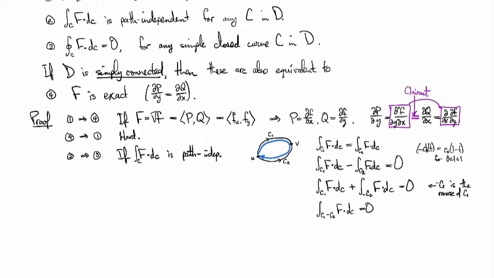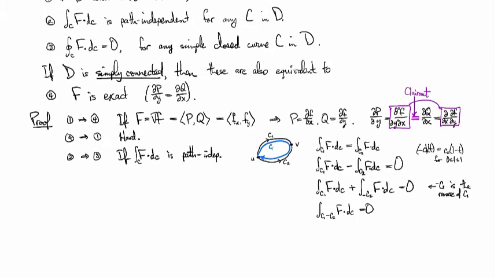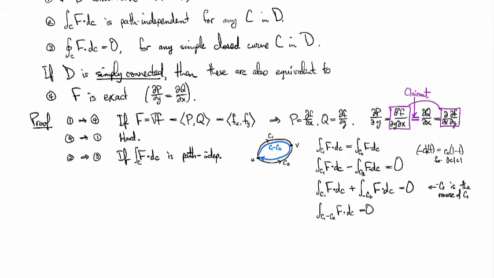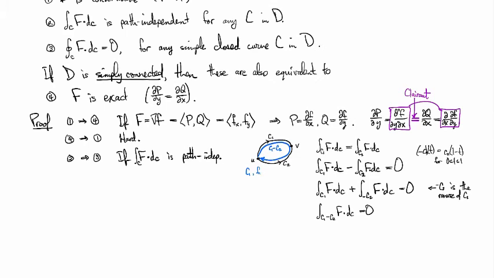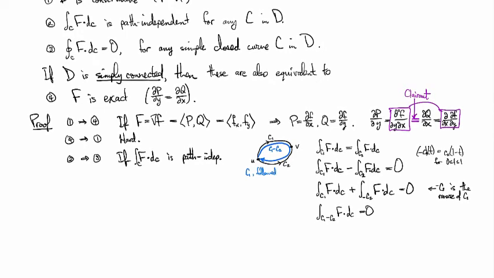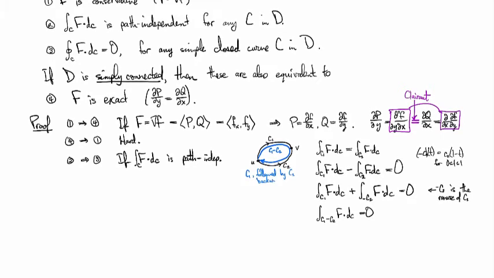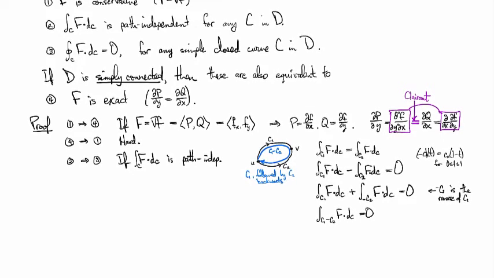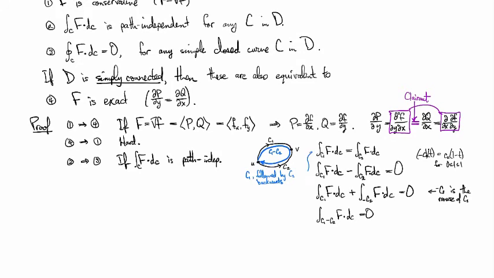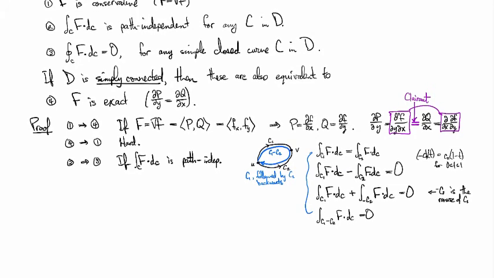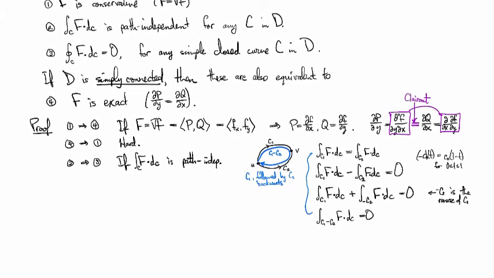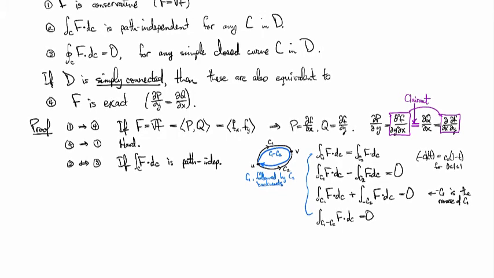is a closed loop. So c1 followed by c2 backwards. And so this little calculation that I've sketched right here actually shows why 2 and 3 are equivalent to each other.